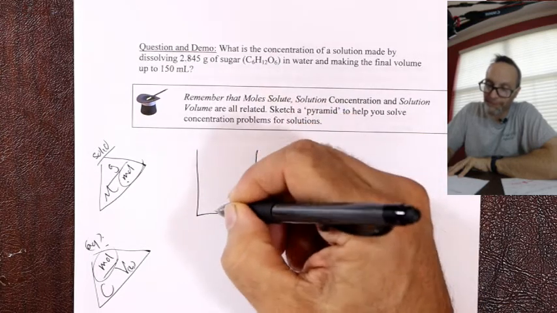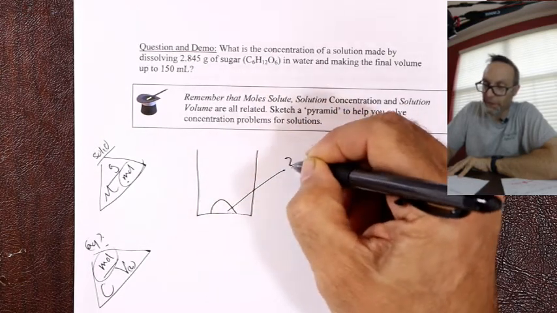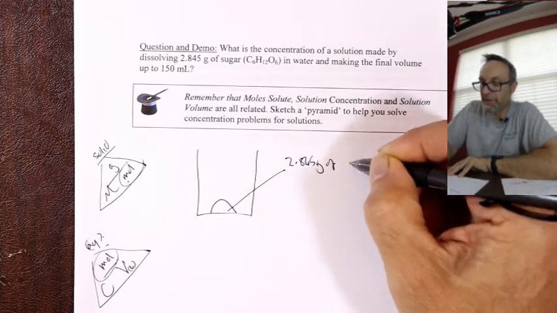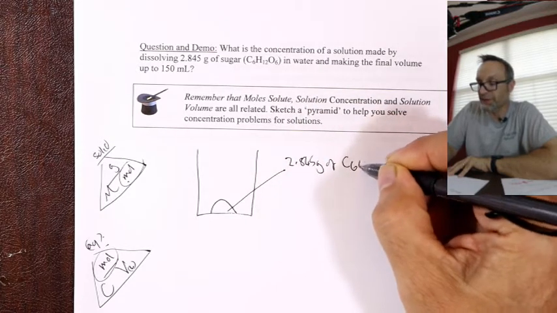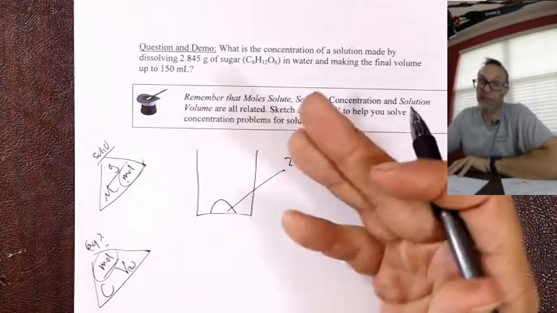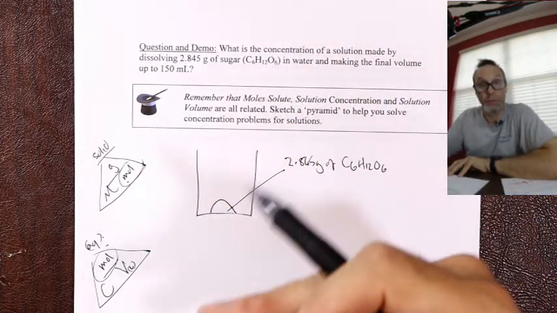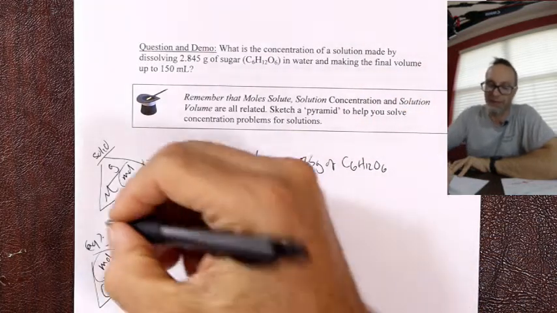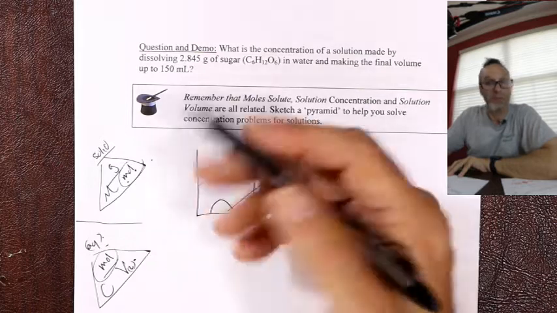So what we're going to do, we'll put in 2.845 grams of C6H12O6. Now, rather than do a chain conversion for these, I like to do them separately, because concentrations are a little tricky when you try a chain. So I'm going to keep the Hatfields and McCoys apart a little bit.